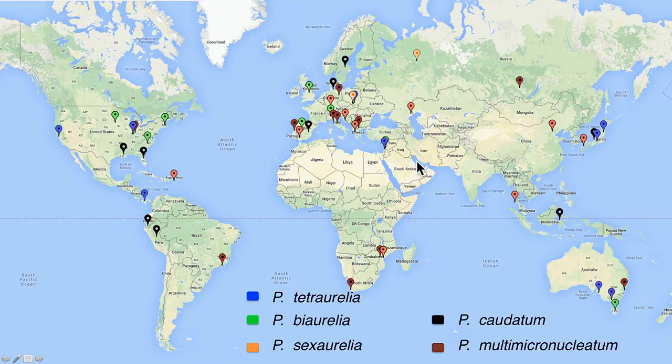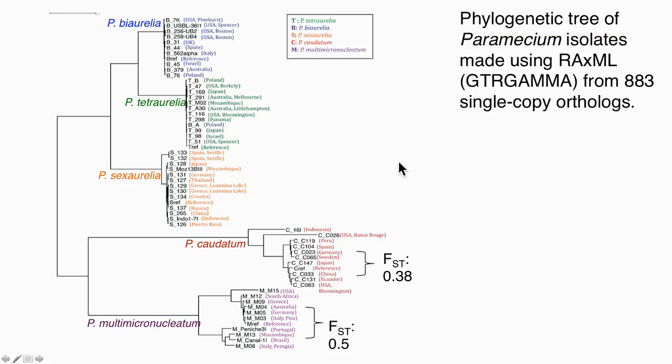They were sampled worldwide, and all 5 species are cosmopolitan. So we found that all 5 species were monophyletic, as you can see, with biaurelia, tetraurelia, sexaurelia, caudatum, and multimicronucleatum. The 2 outgroup species we observed branched off into deeper clades, which might have some cryptic species variation, but these would have to be confirmed with further mating tests.